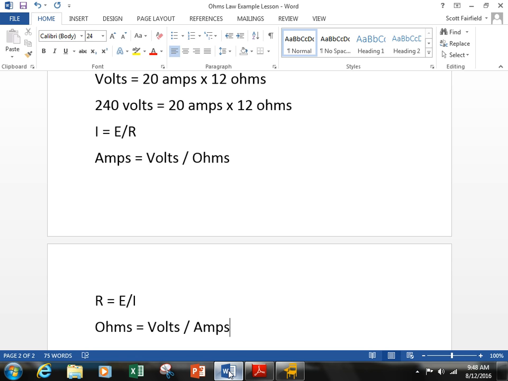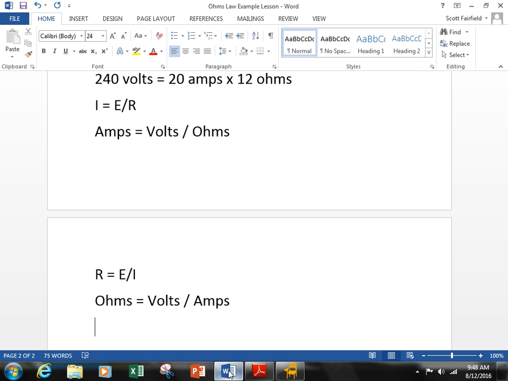So calculating on this, if we're solving for amperage, let's go back to our example here. If I'm solving for amps, we're going to put in our voltage, which once again was 240.